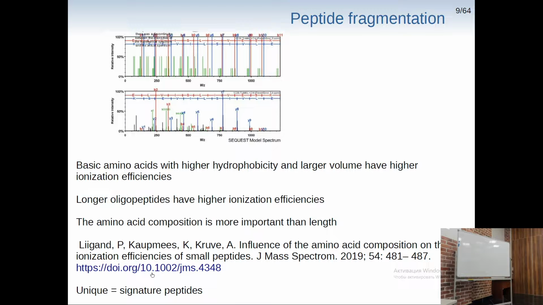We've already seen that there are differences in intensity of those fragments, and it's mostly because the ionization efficiency of these fragments is different. Also, what do you think? We have two kinds of ionization which we've used so far: electrospray ionization and MALDI.